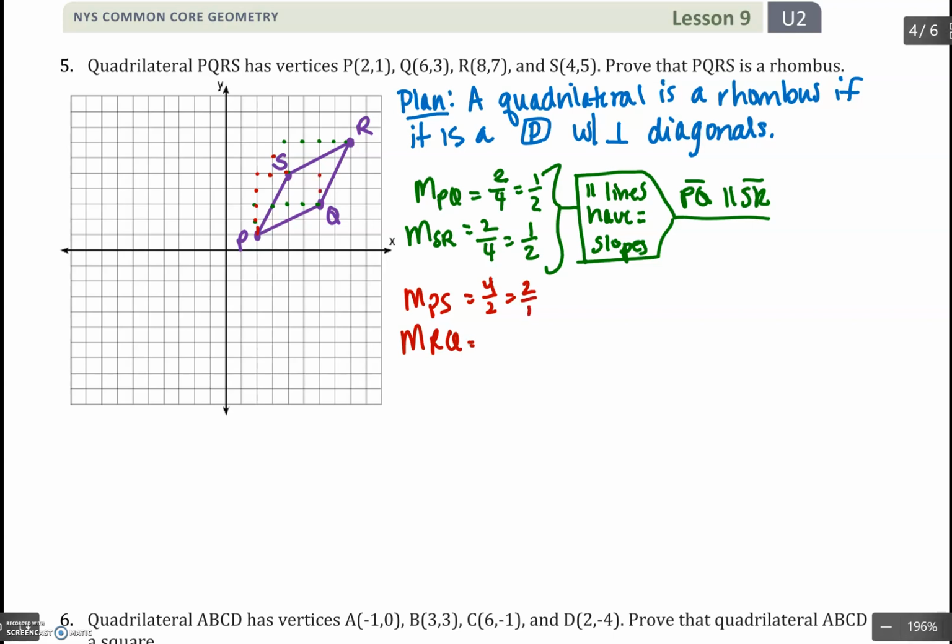And 1, 2, 3, 4, right 2, which is also 2 over 1. Notice they're not negative reciprocals, that's why those aren't right angles. But now I'm also getting that PS is parallel to RQ, which means that it's a parallelogram because parallelograms have both pairs of opposite sides parallel.